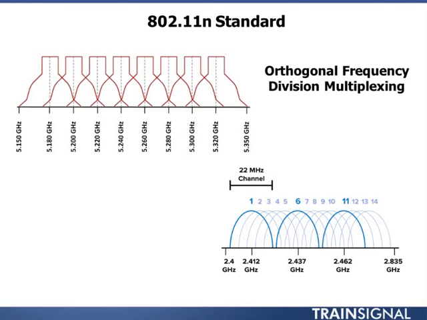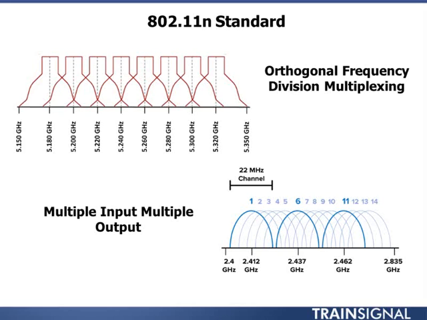And finally, you have the 802.11n standard, which uses both the 5 gigahertz range and the 2.4 gigahertz range using orthogonal frequency division multiplexing. And the best part is it's backward compatible with 802.11a, b, and g.